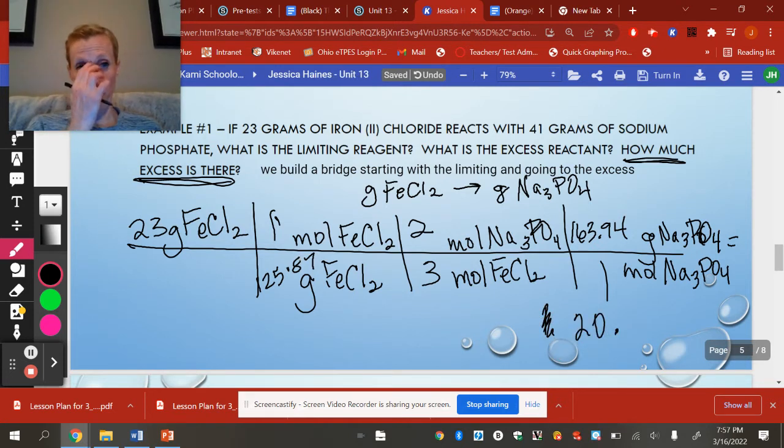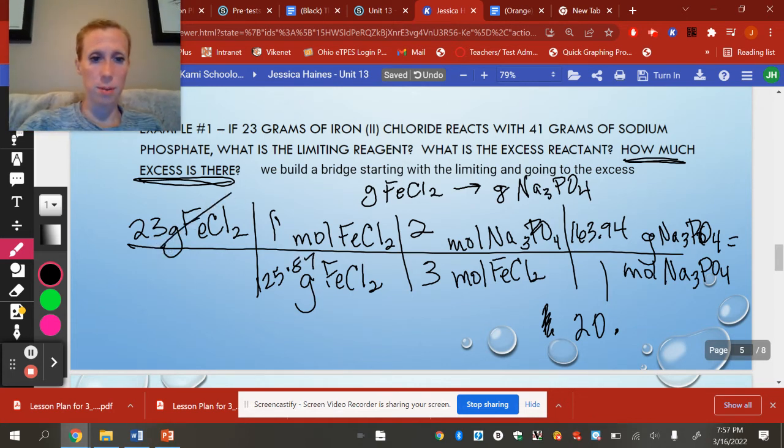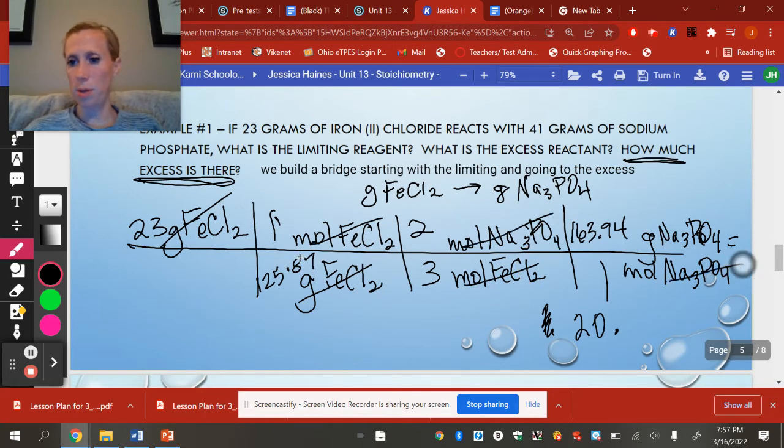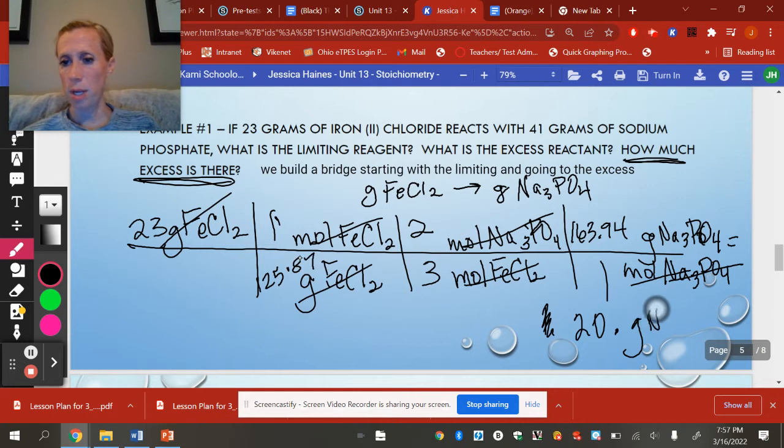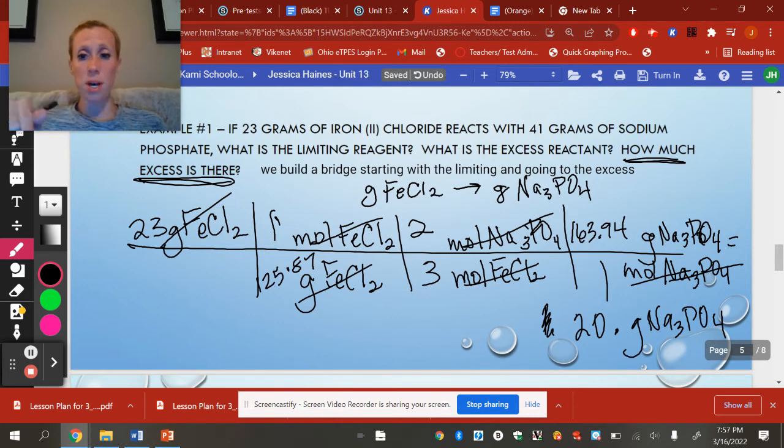Okay, so what does that mean? That is not the answer, right? Even though our grams of FeCl2 cancel, moles of Na3PO4 cancel, and we're left with grams of Na3PO4. Now, what this answer gives us is how much of the excess reactant is used up, not how much is left over.